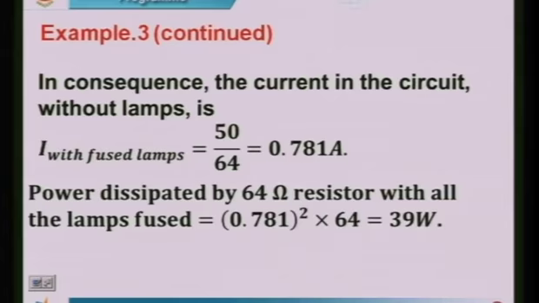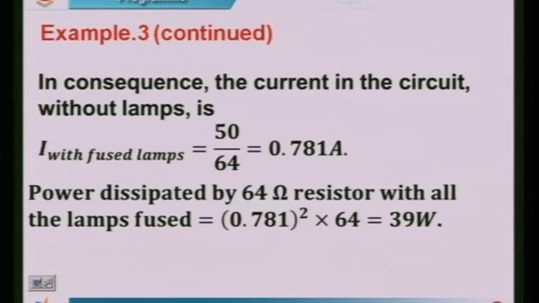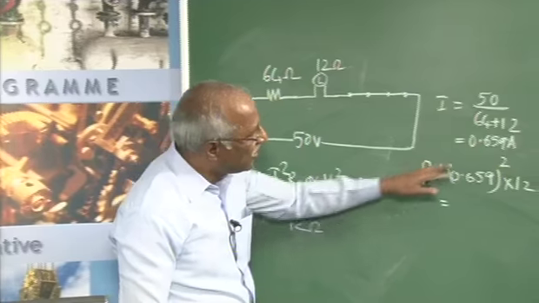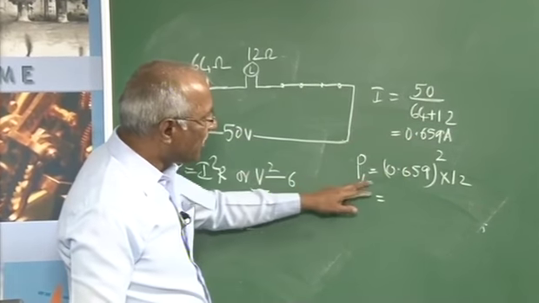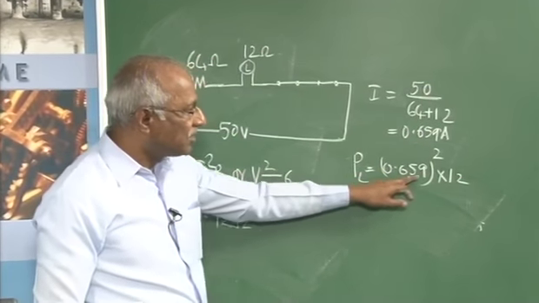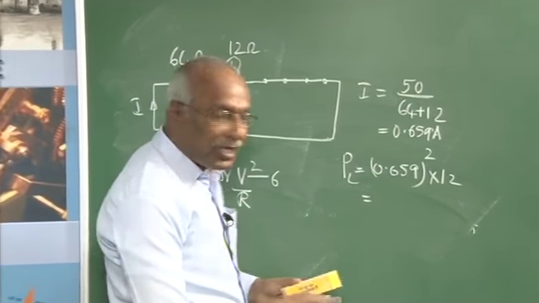The lamp is rated for a maximum current that it can carry. With 0.659 amperes, the power in the lamp will be 0.659 square into 12, which gives you more than 3 watts.